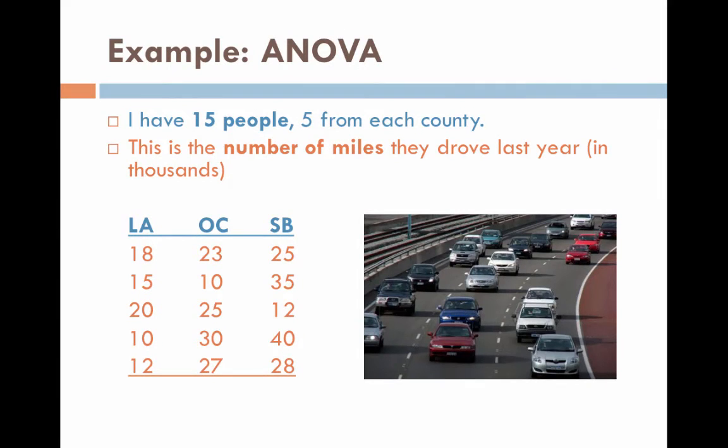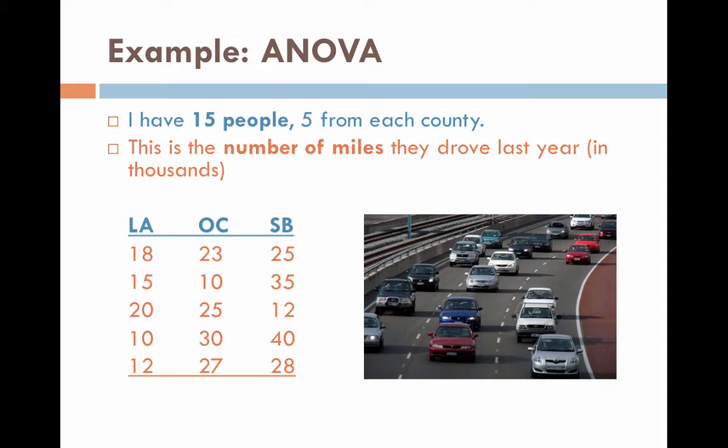So let's take a look at this example. Let's say I had 15 people and I had 5 people from each county, LA County, Orange County, and San Bernardino County. And for each of those 5 people, giving me a total of 15 people in my sample, I asked each of them how much they drove in the last year.